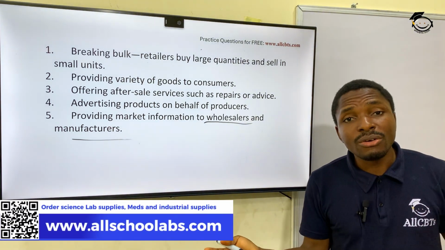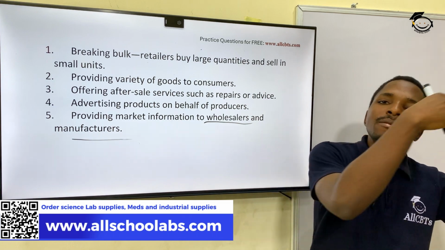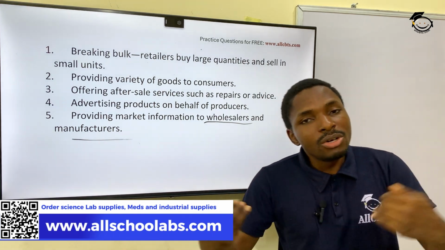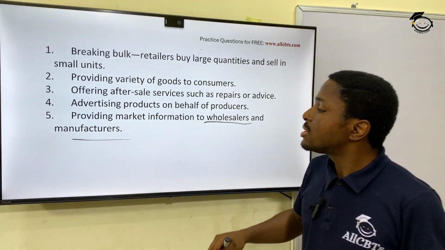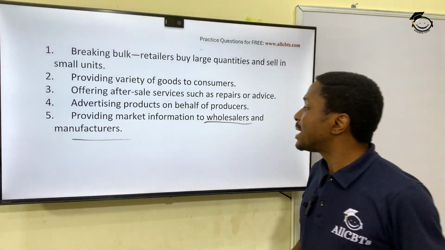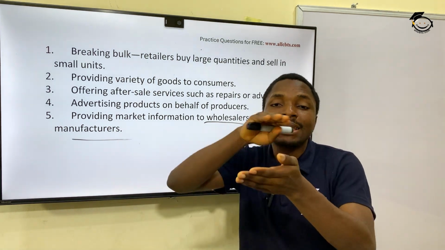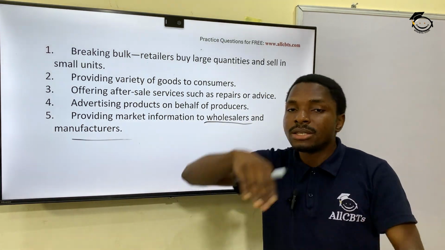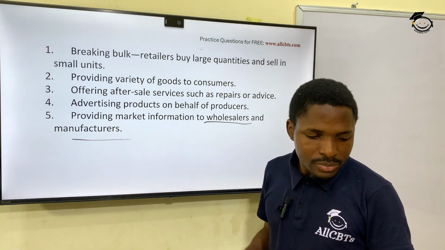They don't produce any of those products, but they're advertising them because in the sales of those products, they will make profits, right? So they advertise products on behalf of the producers and they provide market information to wholesalers and manufacturers. They are like in between the consumers and the higher level of distribution.